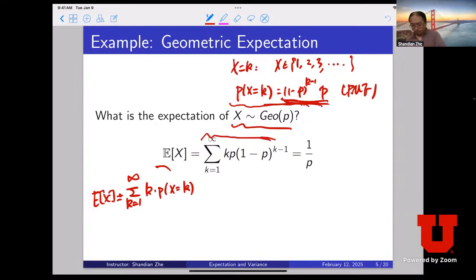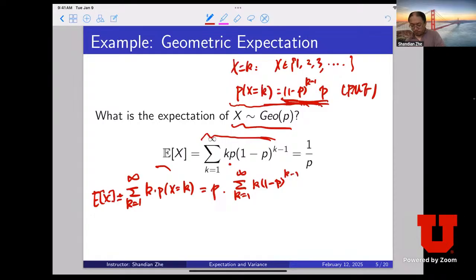But if we make an additional observation, we see that there's a common factor in every term, which is P. We can just move it out of the summation. So let's move P outside. In the summation, we need to add all K times 1 minus P to the K minus 1.